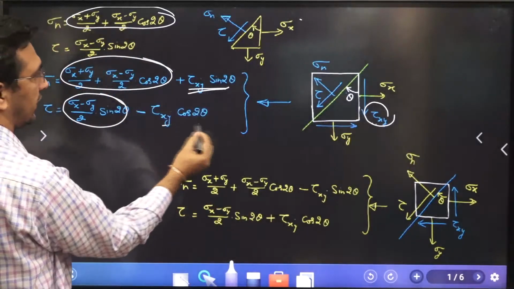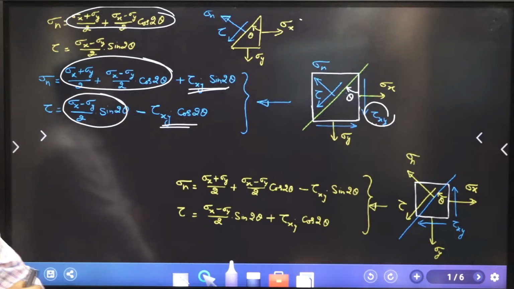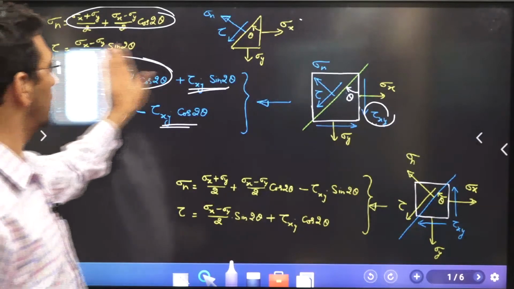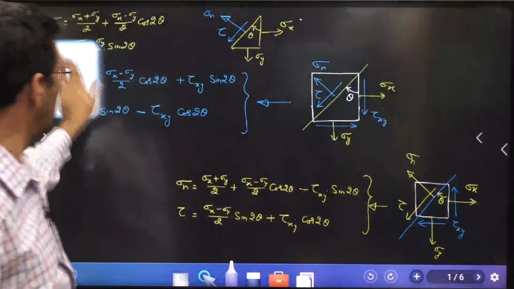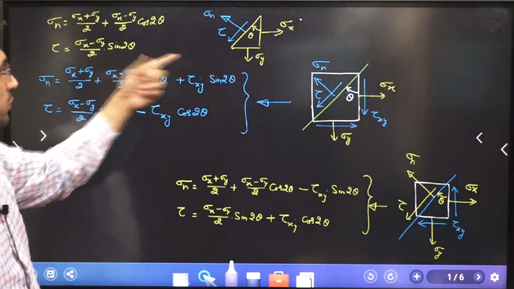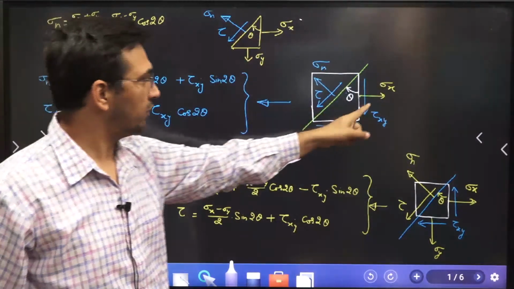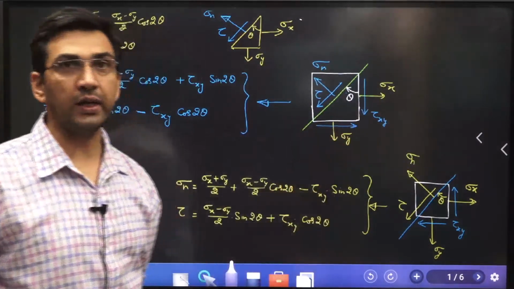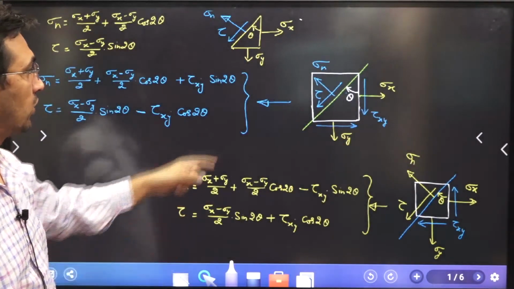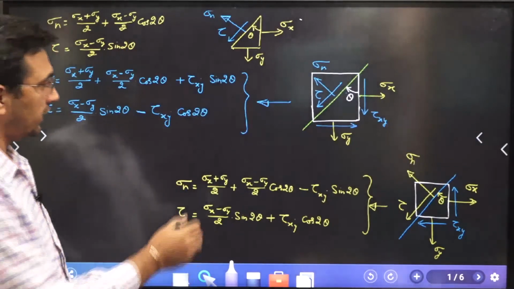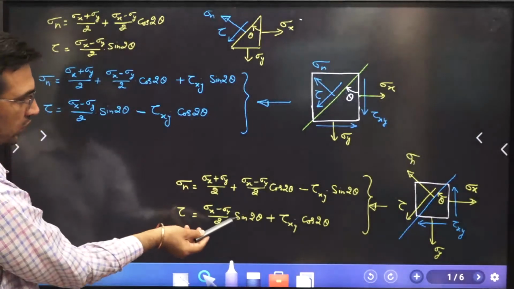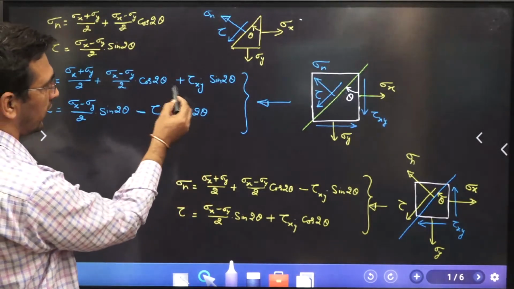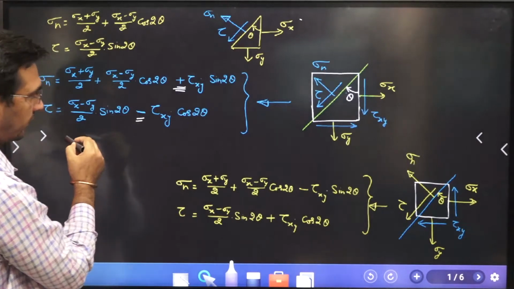I also spoke about how we have to take the sign, because this was based on this state of stress. Now, when we add this tau xy, obviously you consider its effect. If you see this equation and this equation, they are more or less the same. The only difference is that here the sign is positive and here the sign is negative.